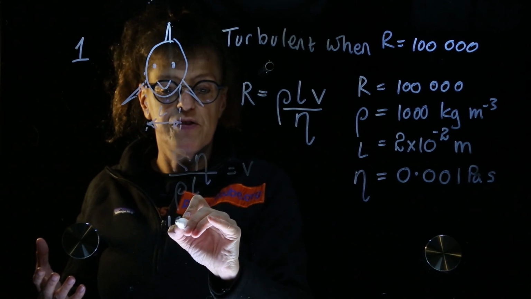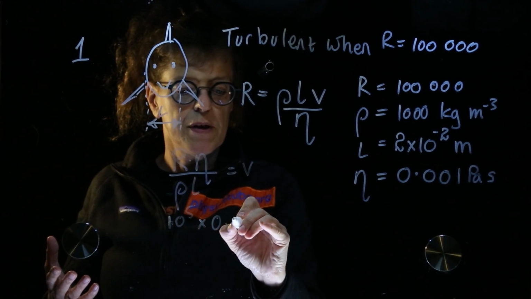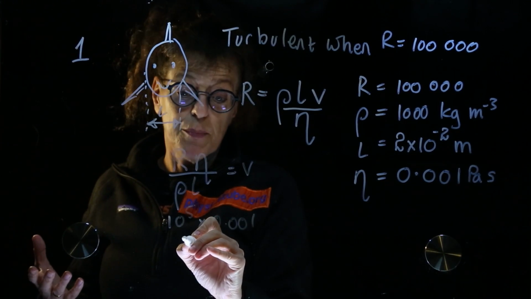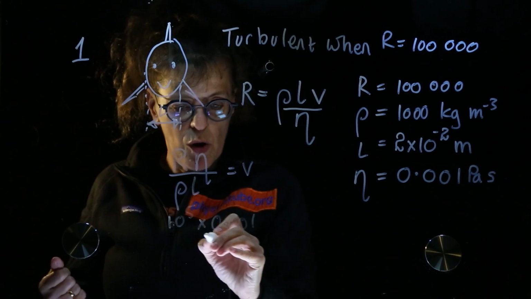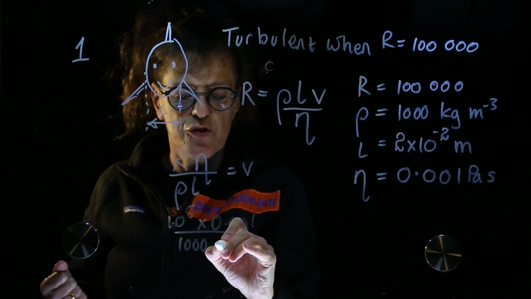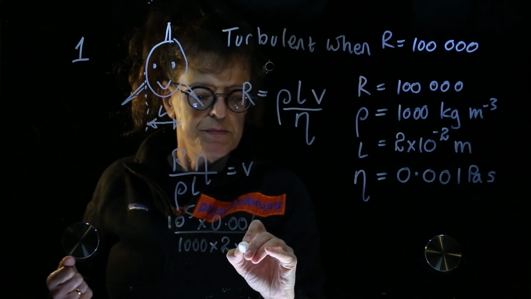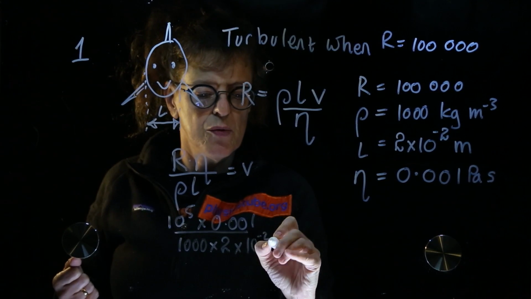That is 10 to the power 5 times 10 to the power minus 3. I could save myself some work here, but I'm failing to do so. Divided by 1,000 and times 2 times 10 to the minus 2.